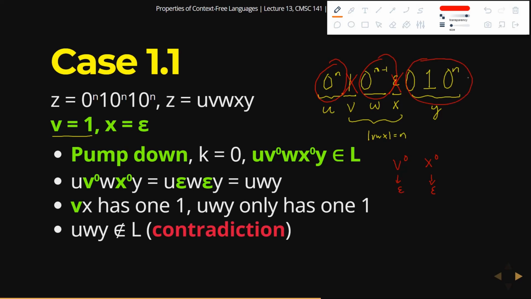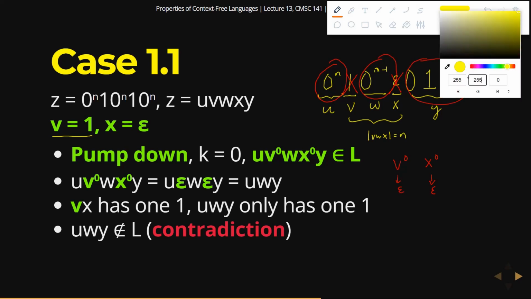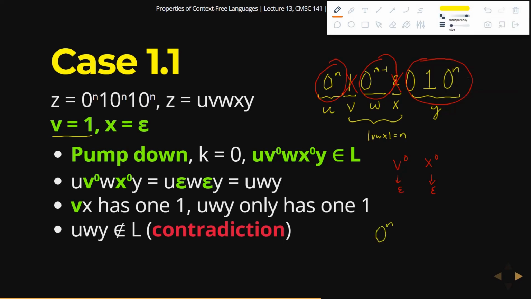So uwy is equal to 0 to the n, 0 to the n minus 1, and then plus the 0 here, so it's actually 0 to the n, 1, 0 to the n. So if we combine these two, it is 0 to the n, 0 to the n, 1, 0 to the n. So this one is not part of the language, sorry, not part of the language because it has to have this one here, which was removed. Right? So it's not part of the language, so it's a contradiction.